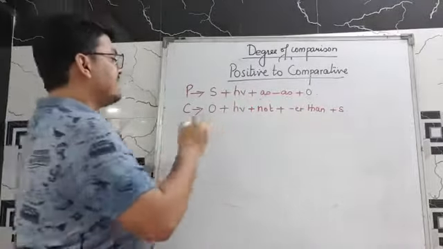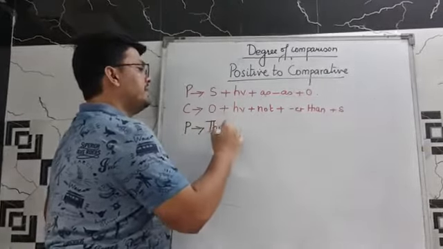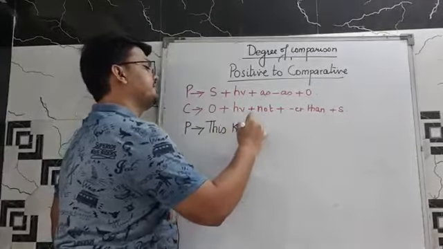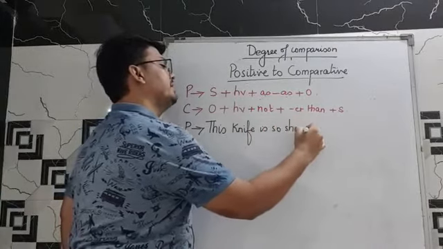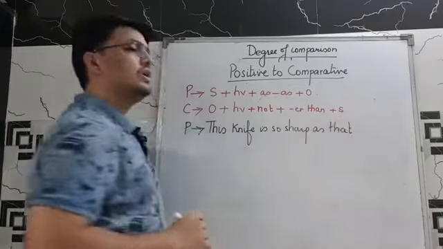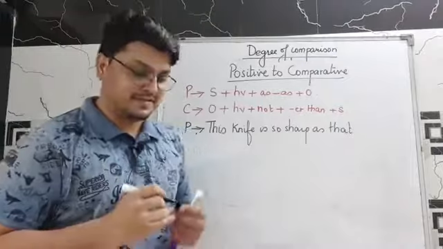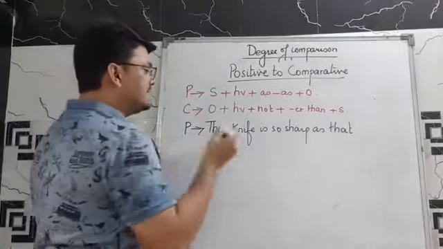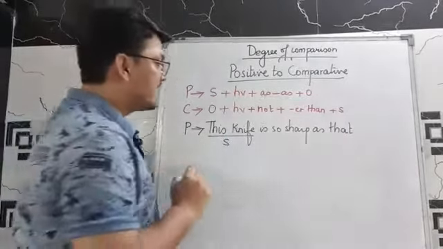Now let's take an example, student. This knife is so sharp as that. So first we will analyze this sentence. This knife is the subject.